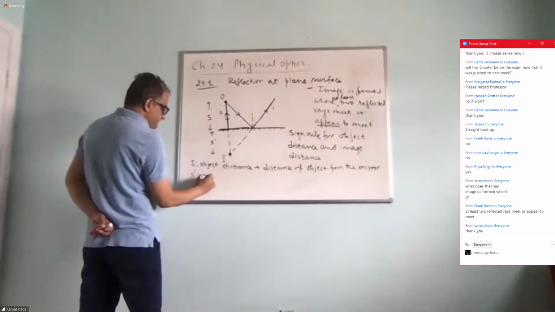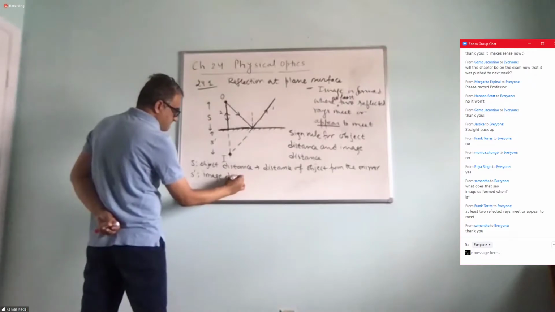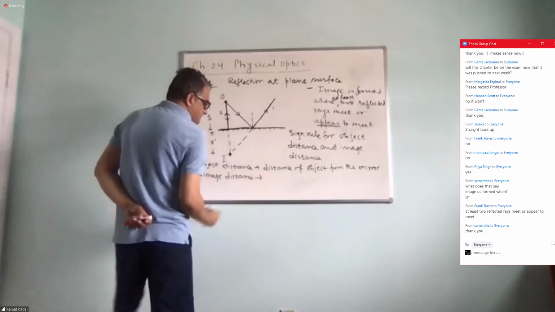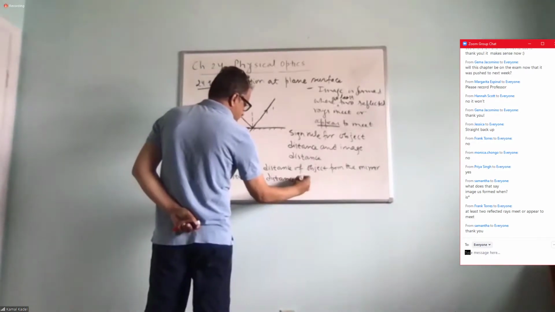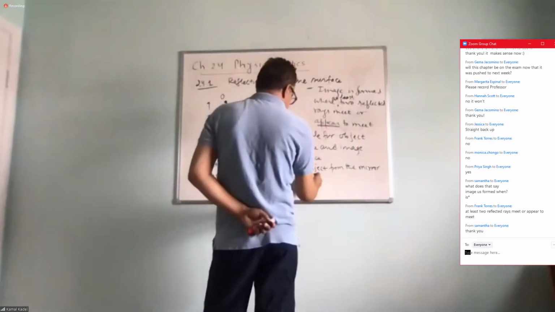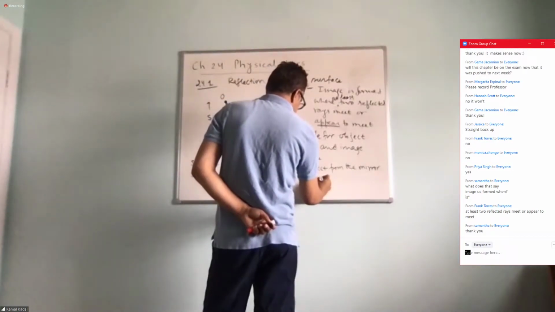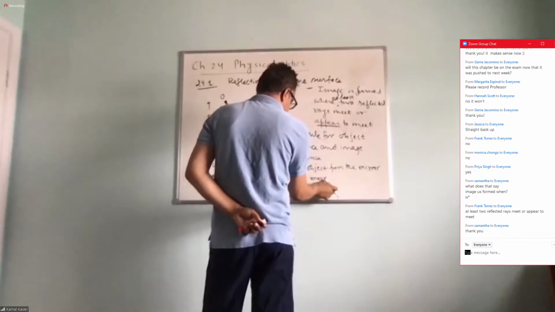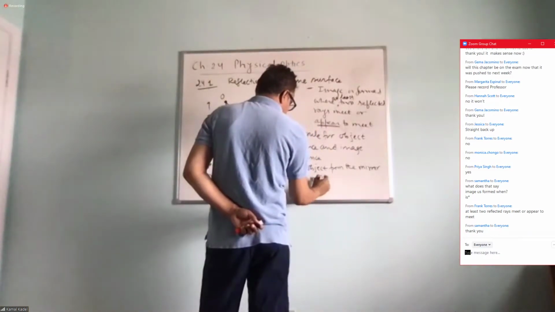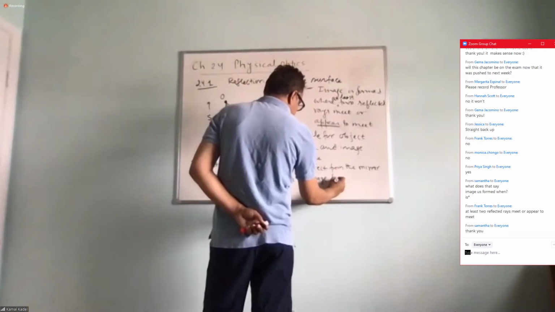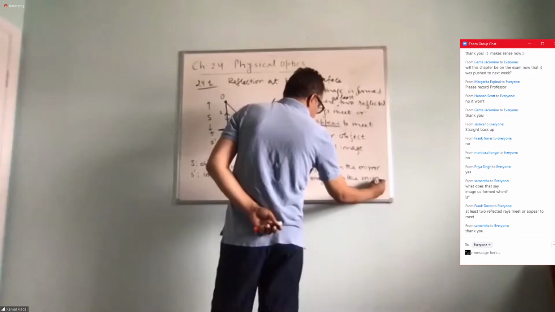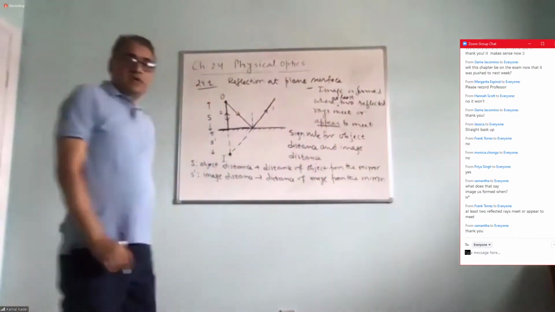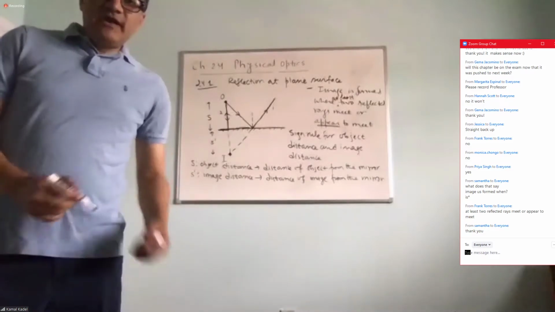S prime is the image distance, that is the distance of the image from the mirror. Mirror: reflecting surface. Right? Do you have any problem with this? No, right? We can see that here.